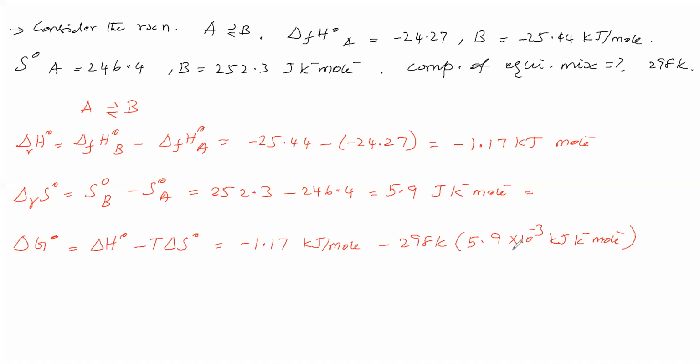Here the Kelvin gets cancelled. We have written 5.9 as 5.9 times 10 to the power minus 3 because we converted joule into kilojoule. Simplifying, we get delta G naught as minus 2.93 kilojoule. So using the given data, we have calculated this.